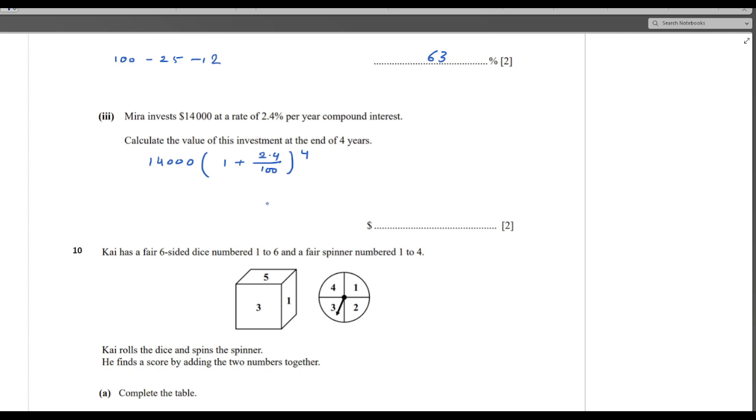Then the result is multiplied by 14,000. Answer is 15,393.16. Okay, so 15,393.16, better I will write it.